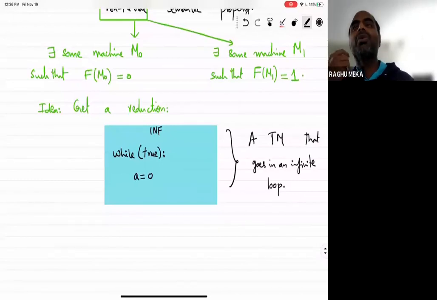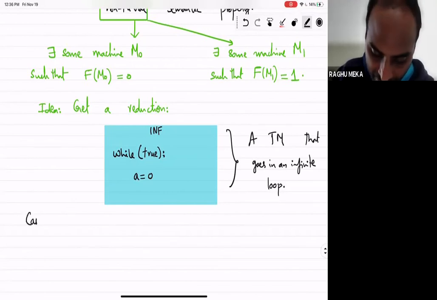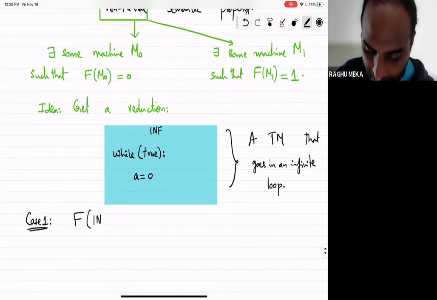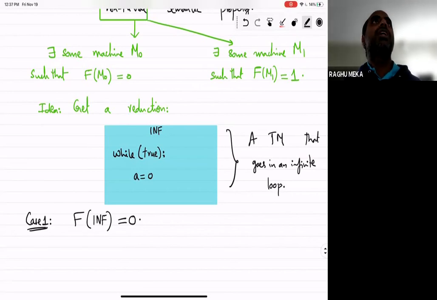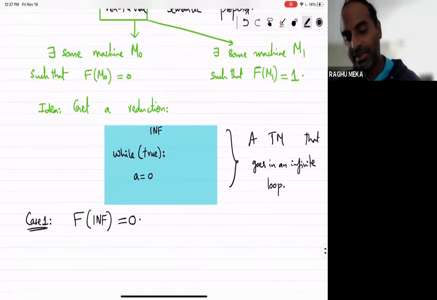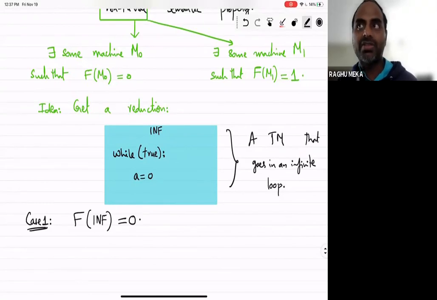Now we need a bit of a case analysis. So case 1. There are two cases: what does f do on this function? One case is that the semantic property f classifies this as 0 for whatever reason. It could also say 1, it doesn't matter. Let's do one case and then we'll go on to the other case.